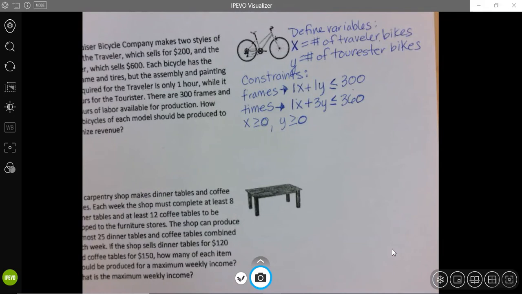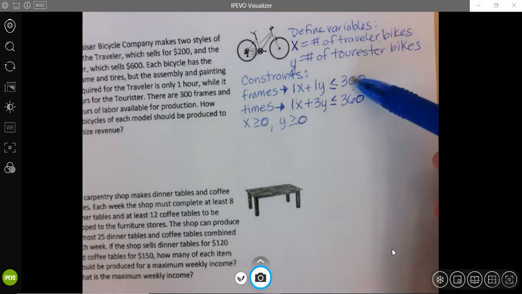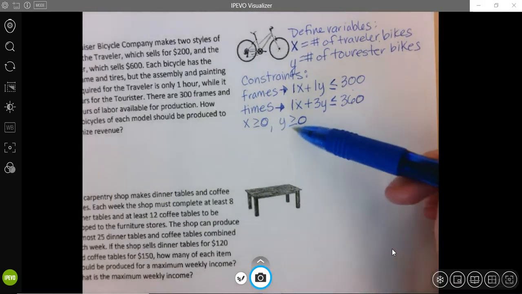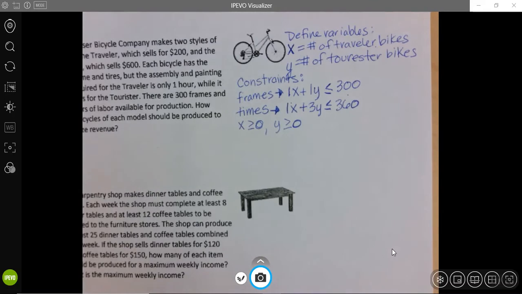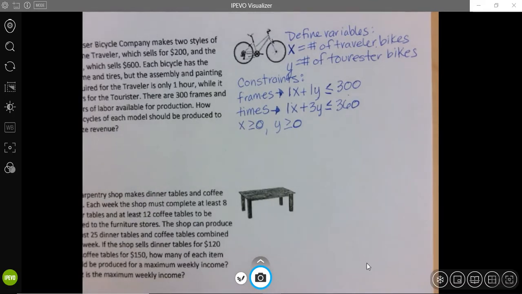We are going to graph our constraints, and what we're going to find is we'll have an area where all of the graphs overlap, and then we're going to find the corners of that area. So I want you to open Desmos.com, and you're going to graph 4 different inequalities. 1, 2, 3, 4. Okay? So go ahead and graph those.